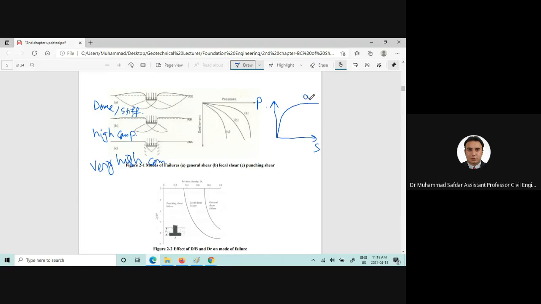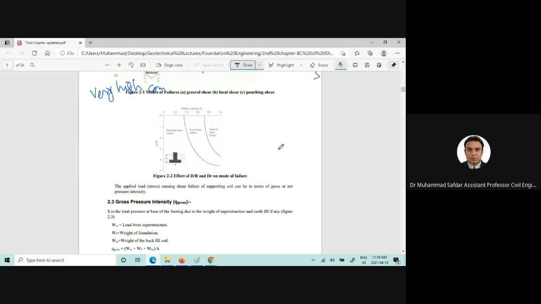So this one would be A, which is related to the general shear failure, and then you will see a kind of strain hardening type behavior, which won't give you a well-defined failure load. Then if you want to draw the punching shear failure, you can clearly see that it's a very high compressibility soil, so the strength is lowest in this type of soil and highest in the general shear failure type.